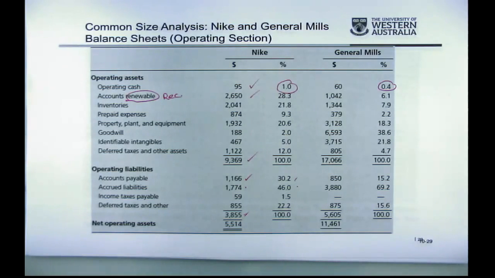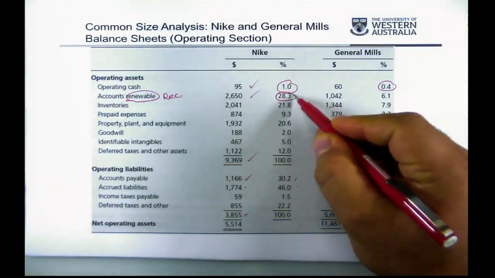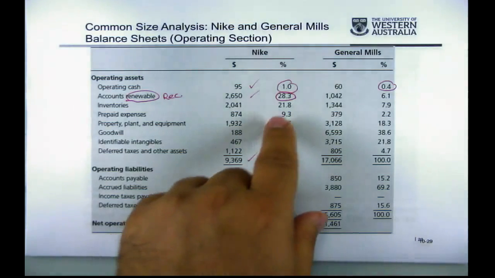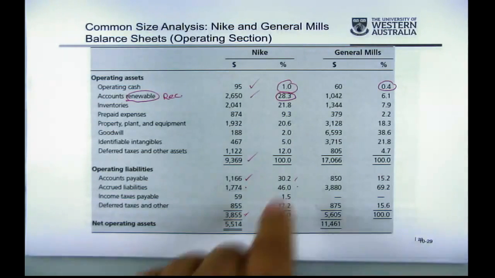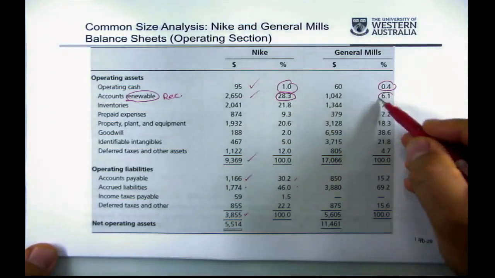Any other ratios? Look at the accounts receivable. Apparently, Nike was very aggressive in its credit sales. Imagine, accounts receivable represented in that year 28.3% of the operating assets. The ratio here is much higher than this one. That's too much.